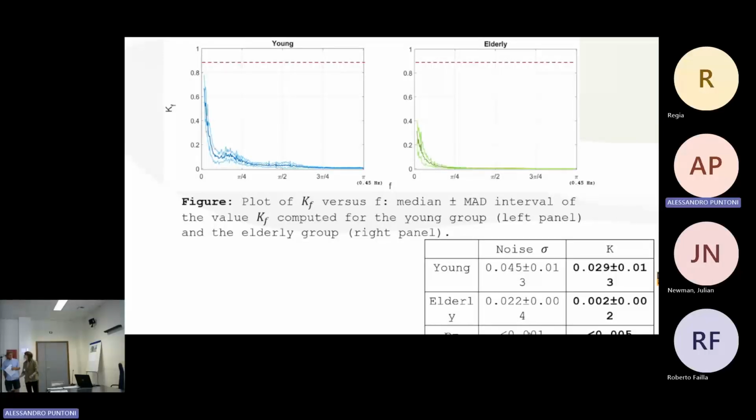I mean, physiological noise. So for young people, maybe it's normal to have a noisy physiological system, let's say, cardiovascular system. And for elderly, it's less. Yeah, we can imagine that.